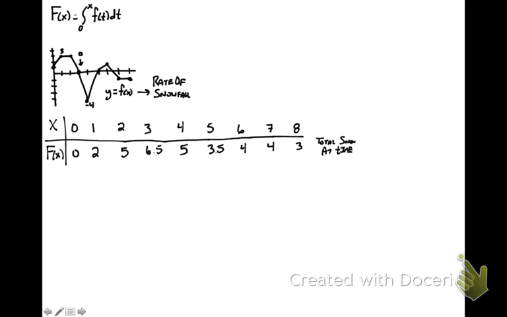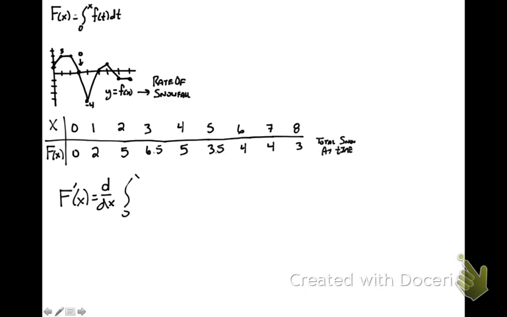And now we can ask a different question. We can ask about this. If f of x equals that integral, then the derivative of big F of x must equal the derivative of that integral.